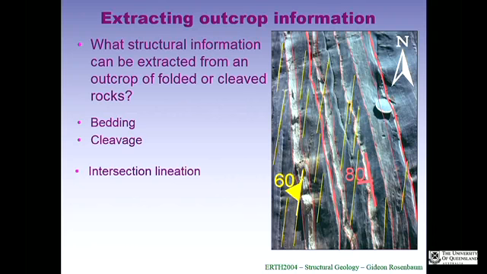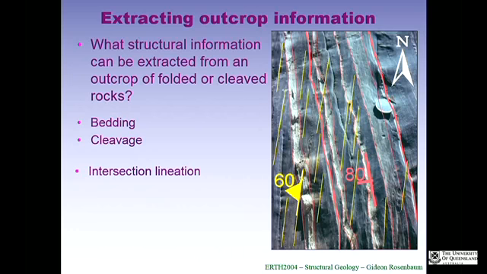But if we look at the 3D, we should be able to see if the bedding is penetrative, and it is. You can see penetrative bedding everywhere. The cleavage is penetrative as well. Then the intersection lineation will also be penetrative. So if you go around the outcrop and we look at the lines of intersections, we should be able to stick our compass and take the measurement of the intersection lineation.